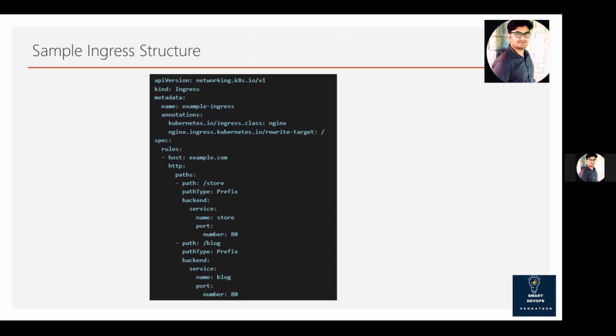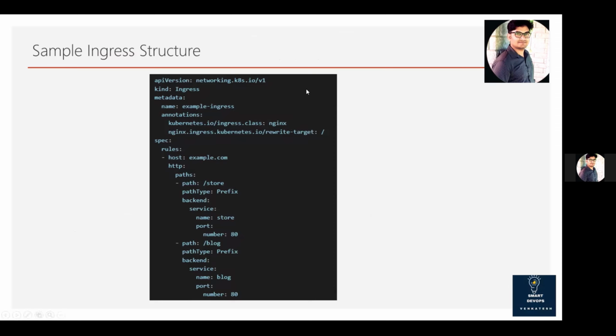This is a simple structure of an Ingress controller. As I said, here we have the Ingress class NGINX. The annotations are very important for the local services to identify that the Ingress is running and to attach to the downline services.